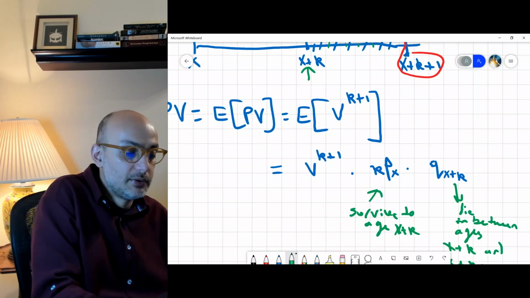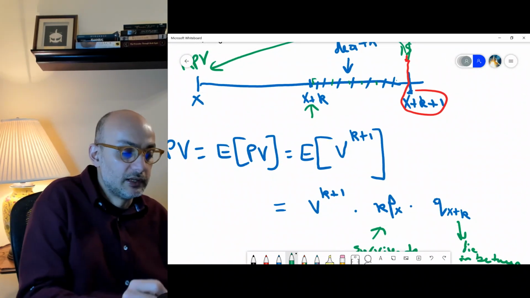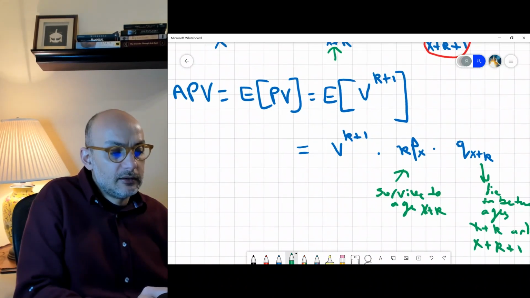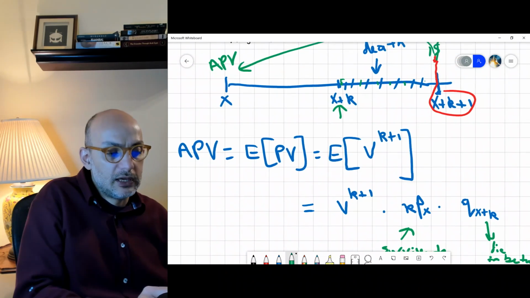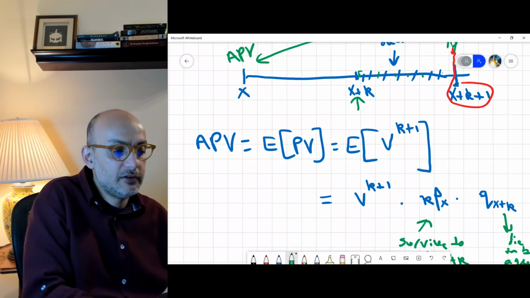So this is the probability of surviving to here and death occurs here. But this is if K is known. If it's not, then you do it for every single year.